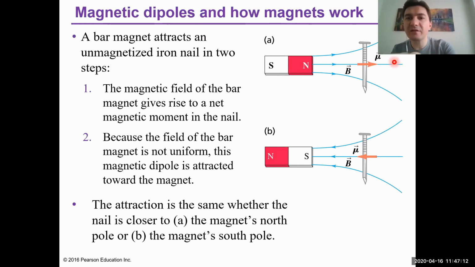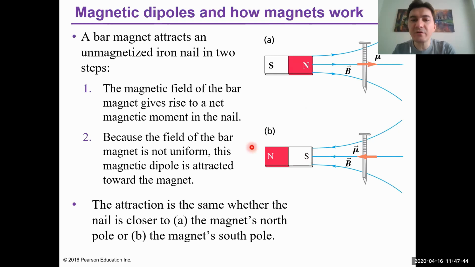Due to those field lines on that iron nail, there is a net magnetic moment in the nail. So it becomes magnetized. Then the direction of the magnetic moment will be along the direction of the B. So this is N, this is S, and S will be attracted. So this iron nail will be attracted by that permanent magnet.